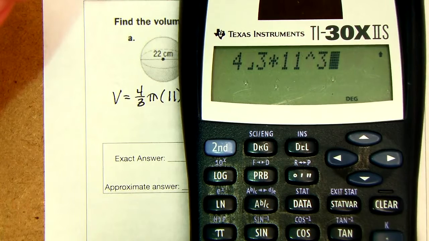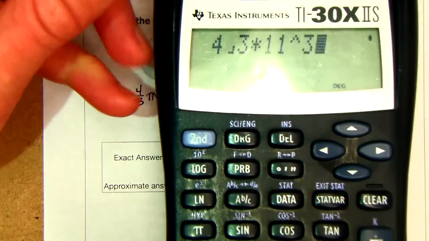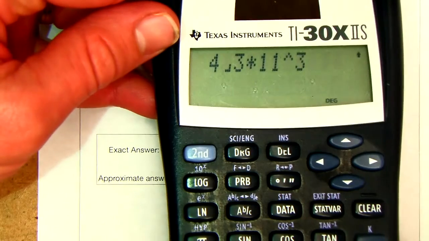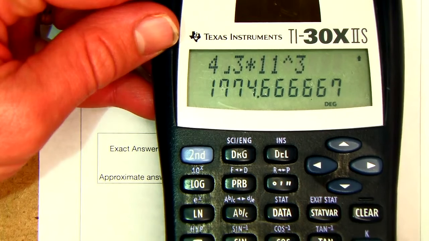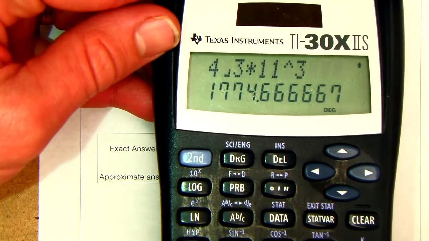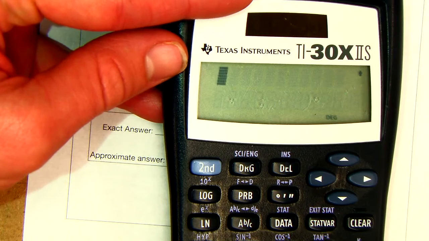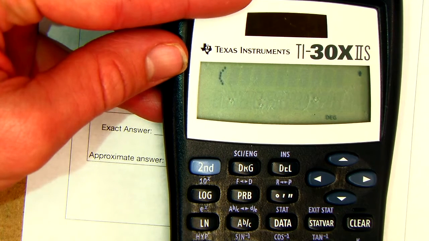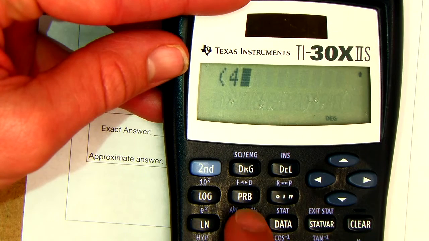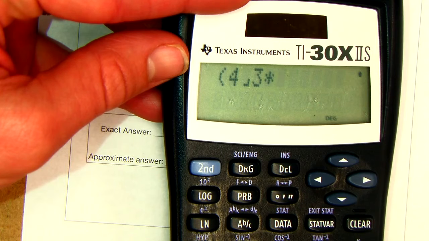Okay, just kidding. Let me see if I can't make that work out a little better for us. So I'm going to put that in parentheses. I'm going to go 4/3, close my parentheses, times 11 to the 3rd power. Well, geez.